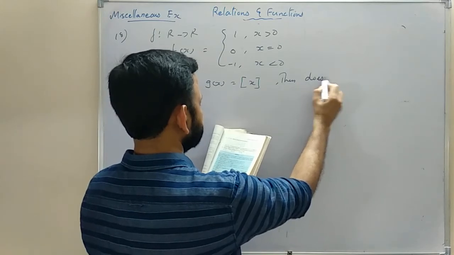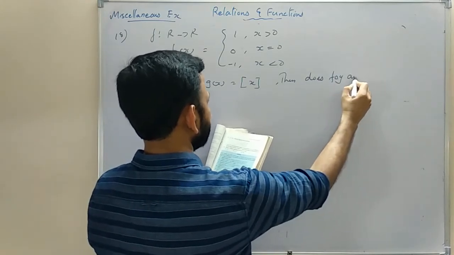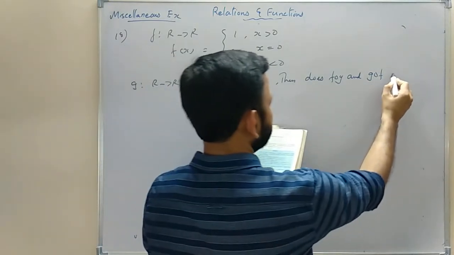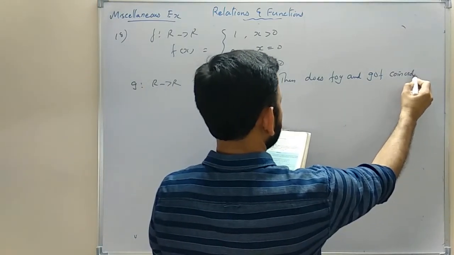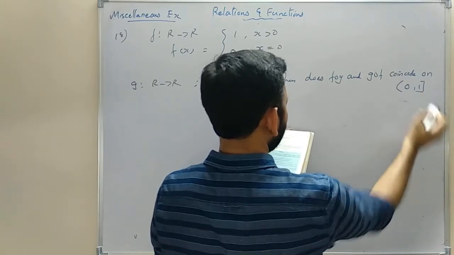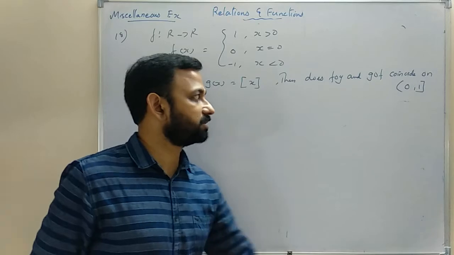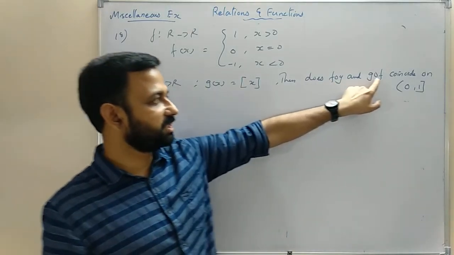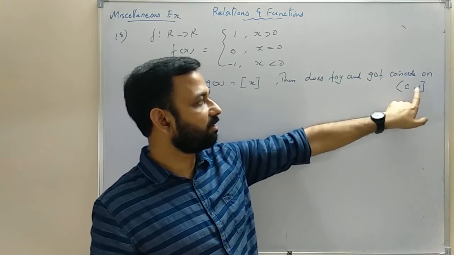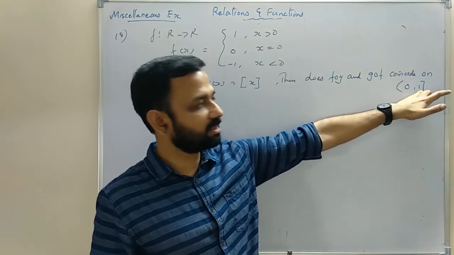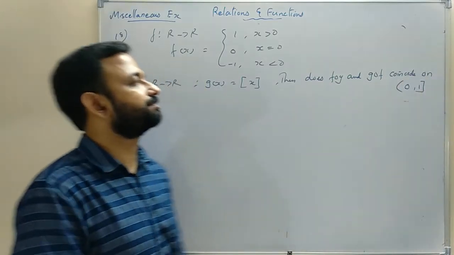this is our question. Do f composition g and g composition f coincide on the interval (0, 1], open closed interval 0 1?